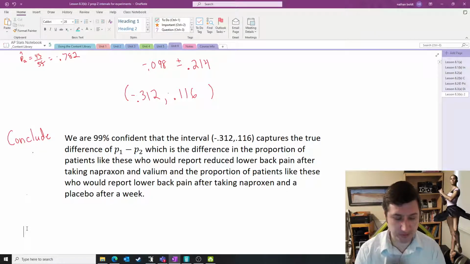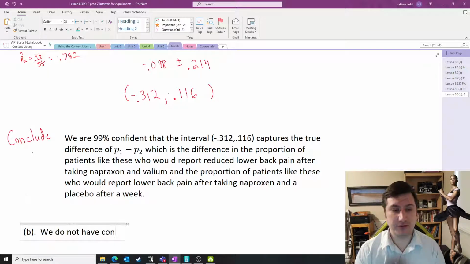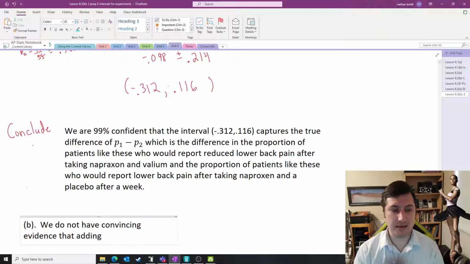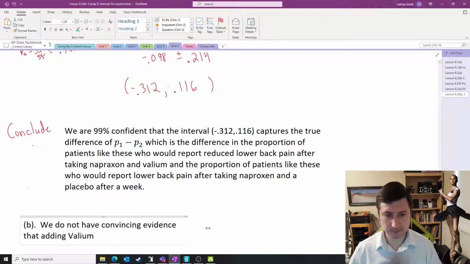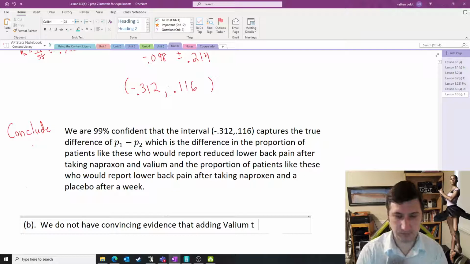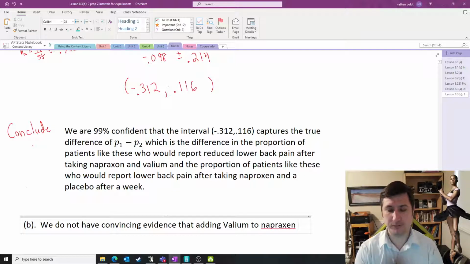All right, so this is part B. We do not have convincing evidence that adding Valium to naproxen, I'm definitely spelling that wrong, aren't I?